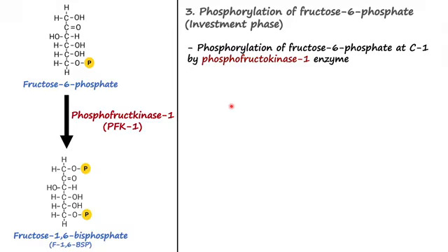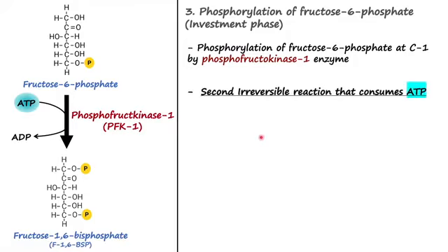As the name suggests, because it is a kinase, in this reaction the phosphate group is transferred from ATP to the carbon 1 position of fructose 6-phosphate to synthesize fructose 1,6-bisphosphate. This is the second irreversible reaction that consumes ATP. Again, remember that this is also a highly regulated enzyme, and I'm going to talk about this in the next video.